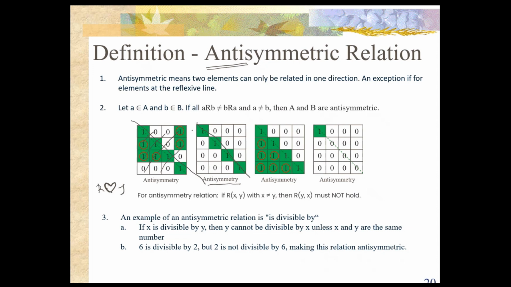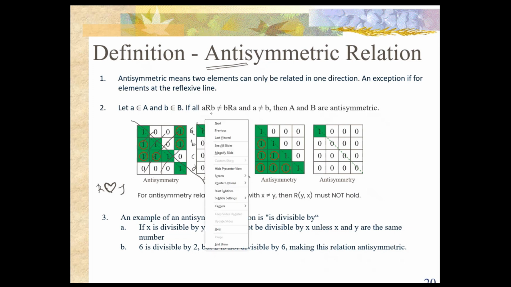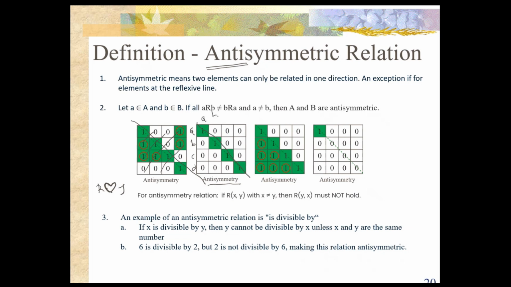Let's say element A here. So there's a relationship A to A, which is itself, only one relation.